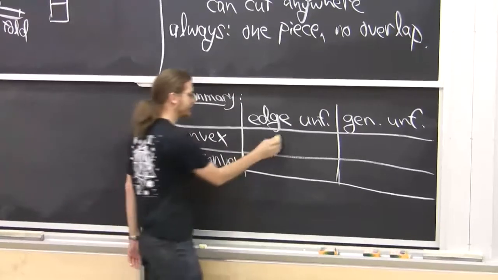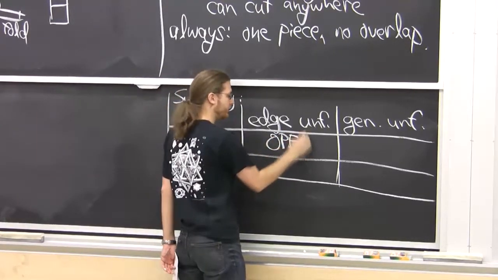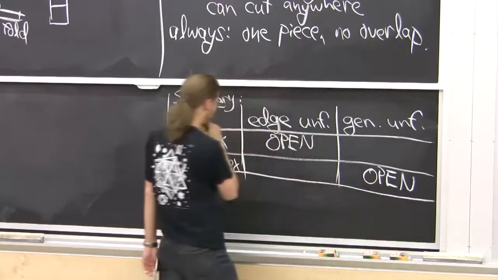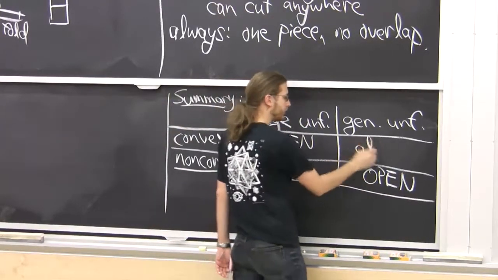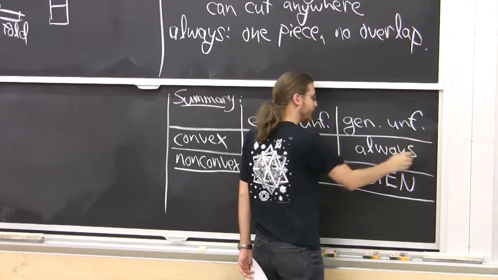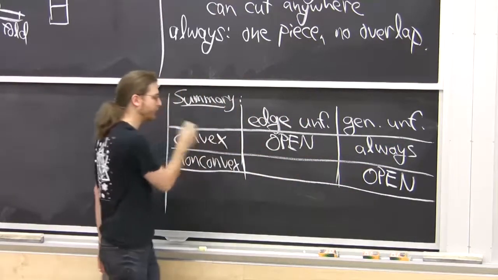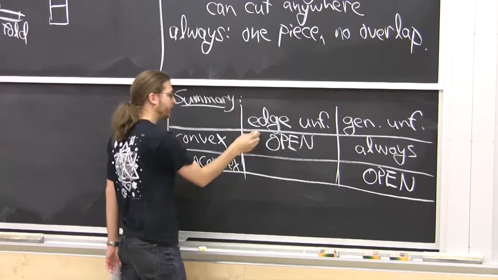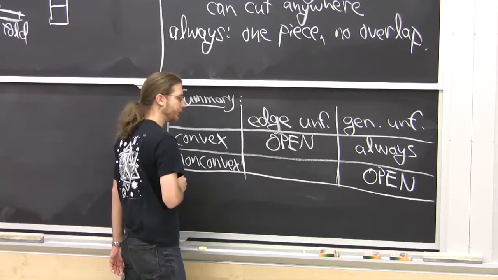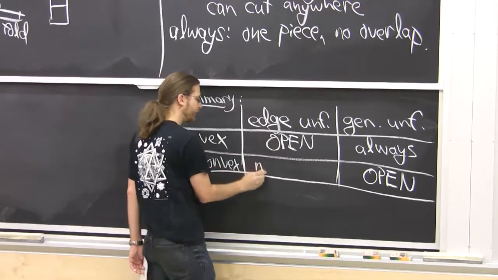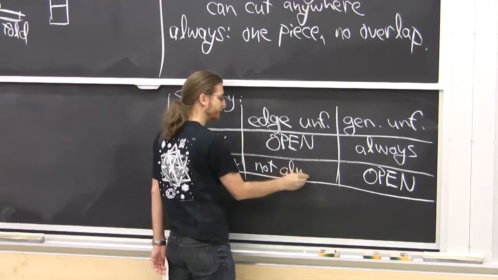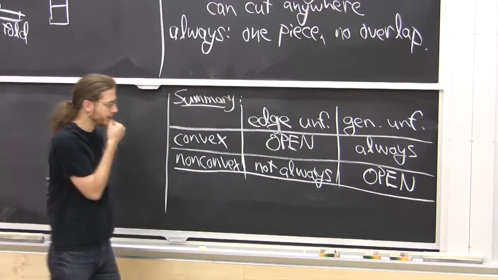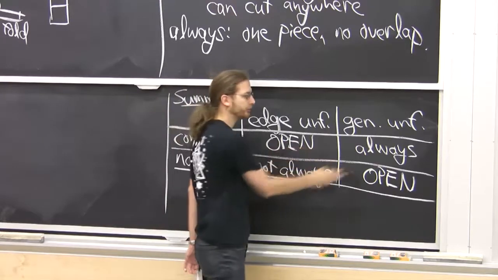And the status is these two corners are open. This one is solved. It can always be done. You can always generally unfold a convex polyhedron, but we don't know about general polyhedra. Edge unfolding of convex polyhedra, we don't know whether it's possible, but for non-convex polyhedra, we know that's too much to hope for. Not always possible. So both of these questions could go either way.